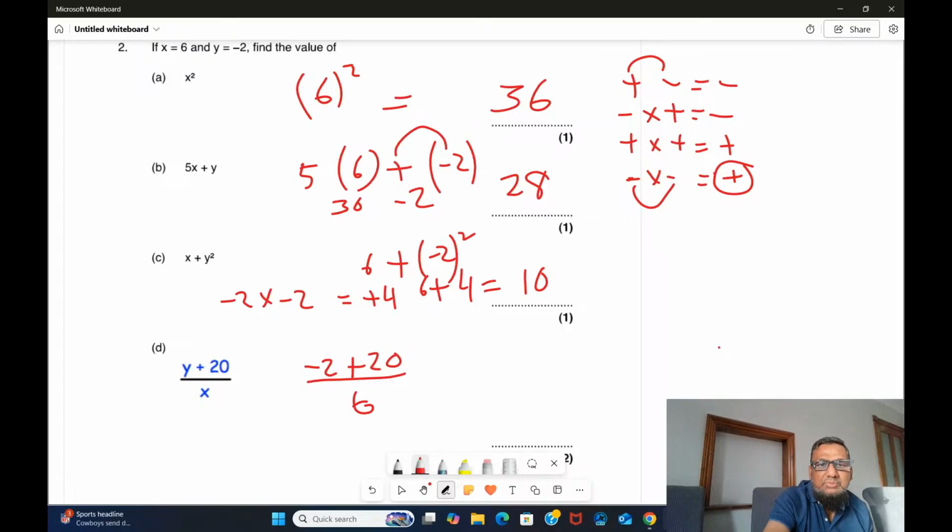Very simple. So 20 take away 2 is 18, and 18 divided by 6, so your answer is 3. So these are the simple questions for substitution.